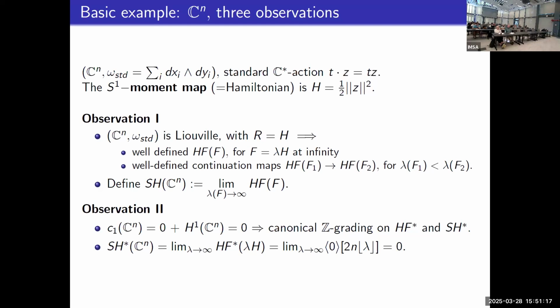But for C to the n, things are simple. You can just take lambda H as your Hamiltonian. For that Hamiltonian, if lambda is irrational, so it doesn't close up, the Floer chain complex is very simple. It just has the origin, because everything else doesn't close up in integer time. So the origin, that's this 0, is the only generator of this Floer chain complex. And the grading comes from how much you wind the canonical bundle.